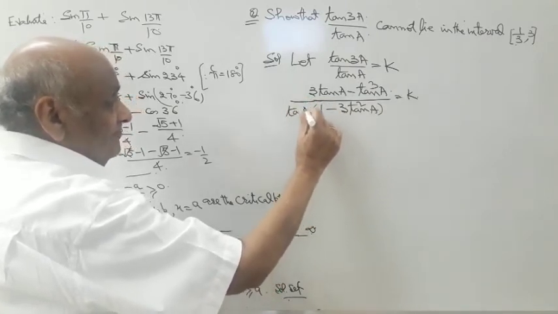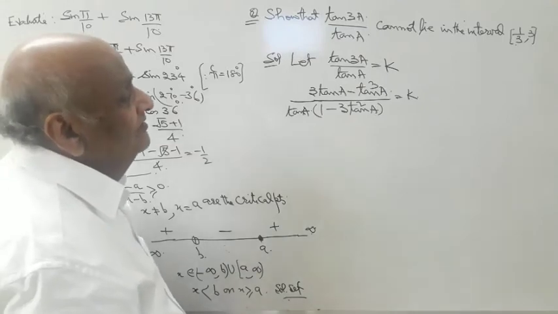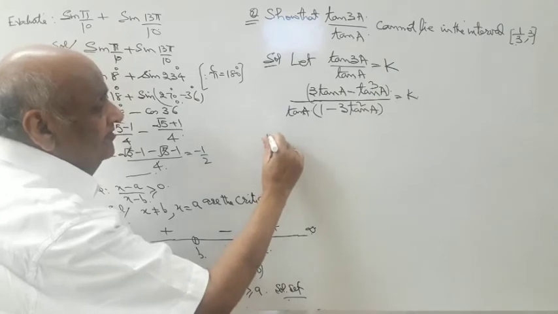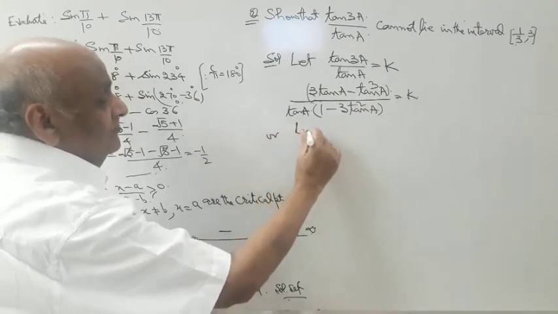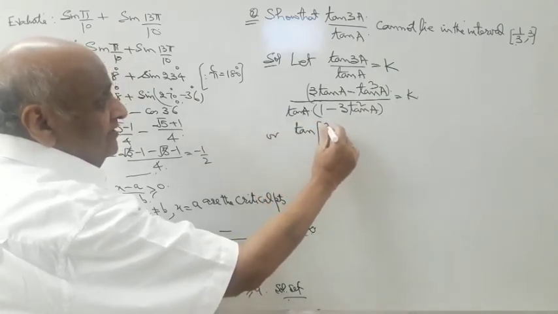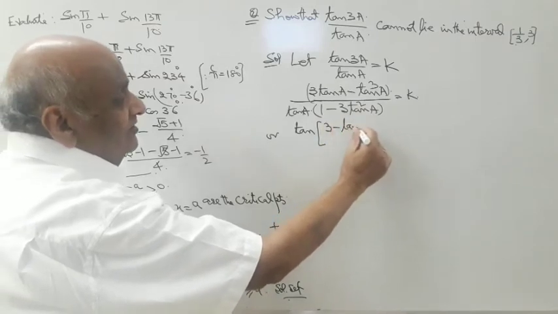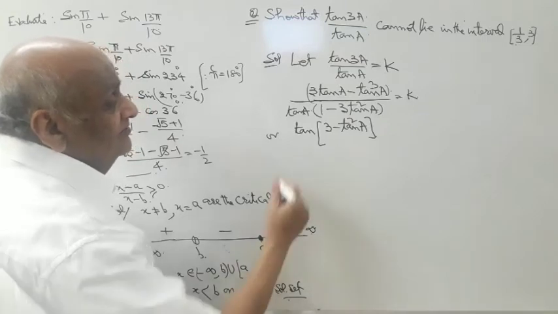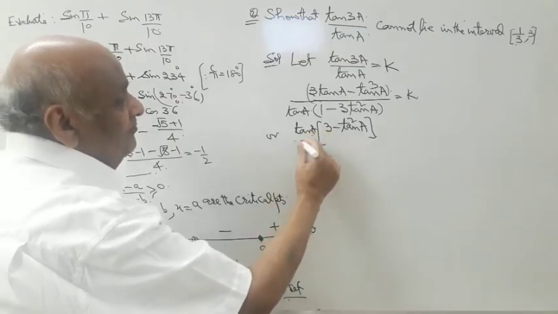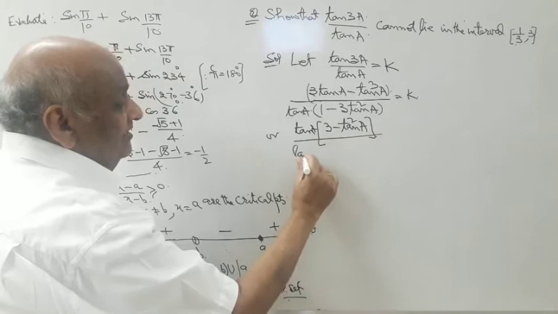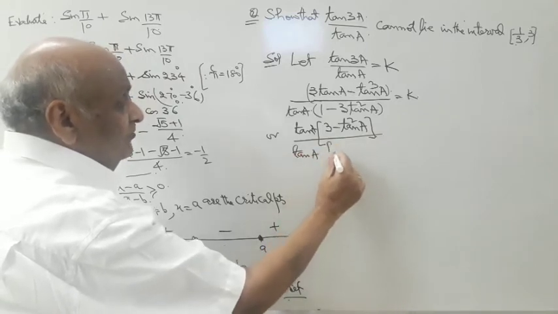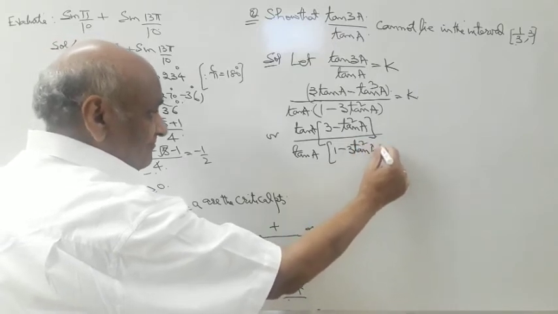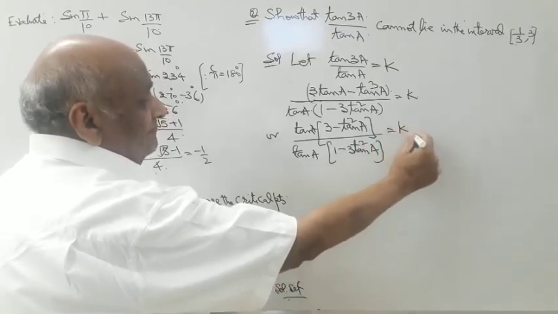Tan a can be taken as common from the numerator: tan a times (3 minus tan square a), upon tan a times (1 minus 3 tan square a), is equal to k.